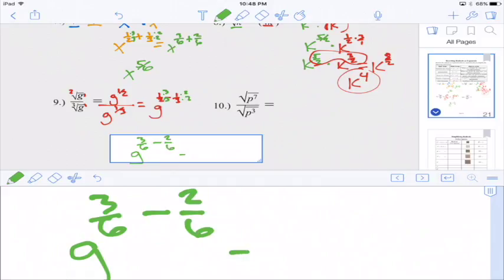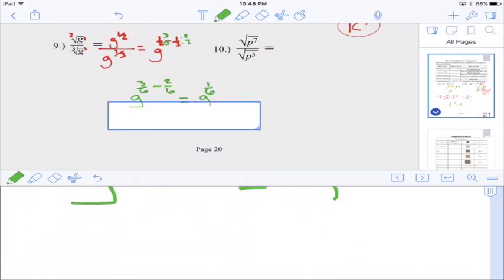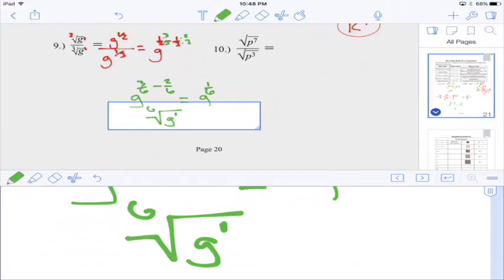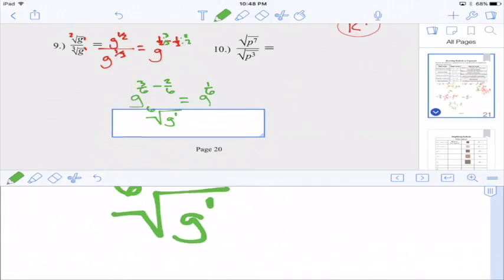And this subtraction is g to the 1/6. Now if I wanted to be cool and put it back into a radical, I could do that. I could call this g to the 1st, and my radical, it's a 6th root. Okay, so we don't have to go just backwards, we could go forwards and backwards, but both answers are fine.